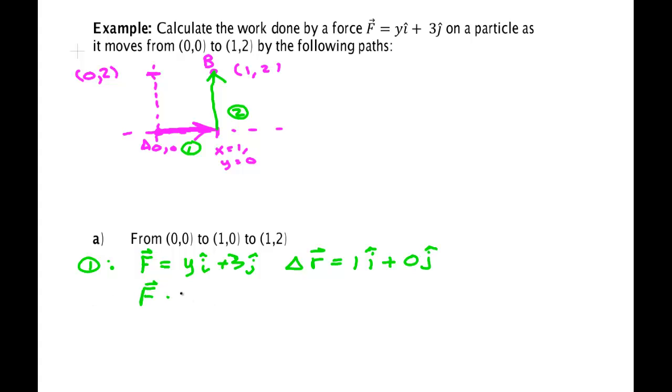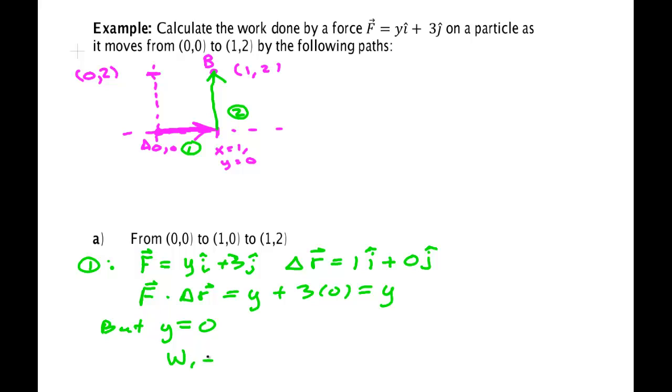F dot delta r is y times 1, which is y, plus 3 times 0, so it's simply y. But along this path here, y is equal to 0.